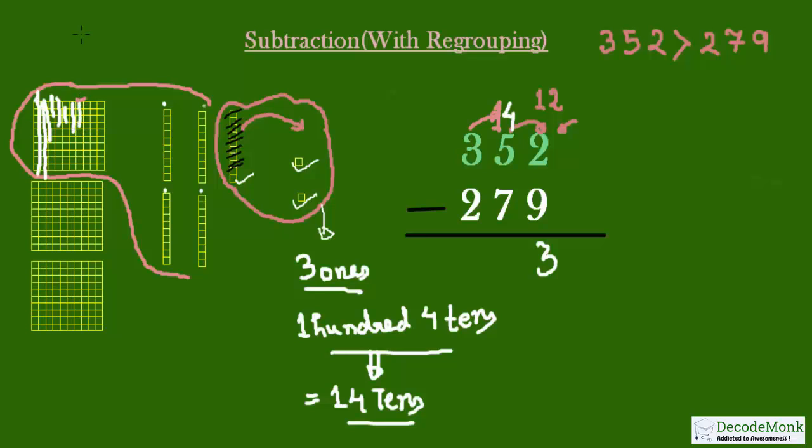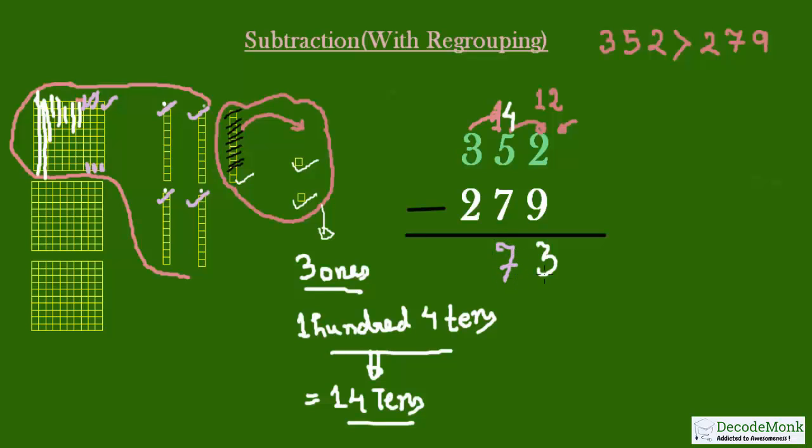Change the color. So you are left with how many tens? 1, 2, 3, 4, 5, 6, 7. These pink ones are the remaining columns over here. We are left with 7 tens. So simply you can say 14 minus 7 is 7.